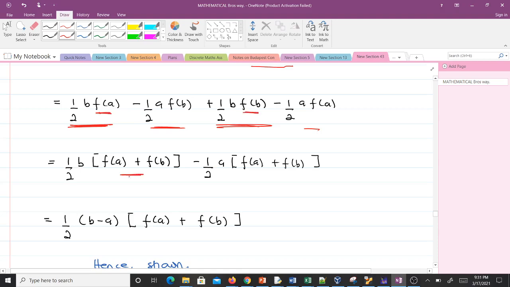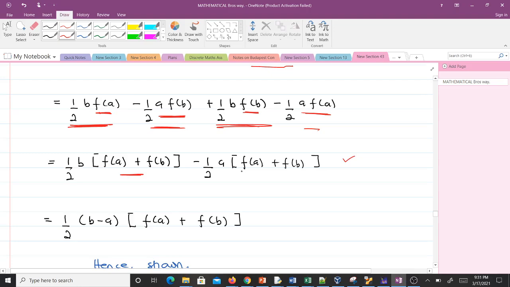That's what you can see here. Then here too, this contains a f of a, and this contains a f of b, but they all have a. So we bring minus 1 over 2 a out, and we have f of a plus f of b. I hope you get that. So you get how we got this.